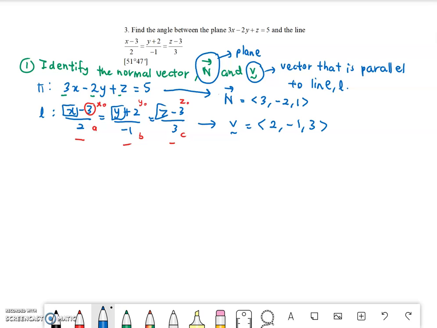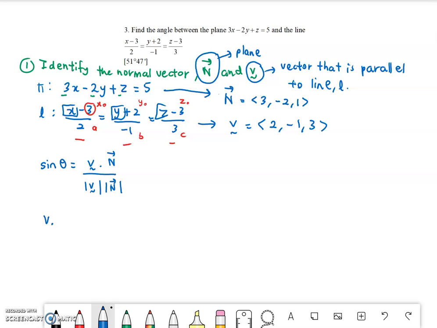Okay, since we have the normal vector and the vector v, we have to substitute into the formula of the angle between plane and line, where sine theta equals v dot n over the magnitude of v times the magnitude of n.